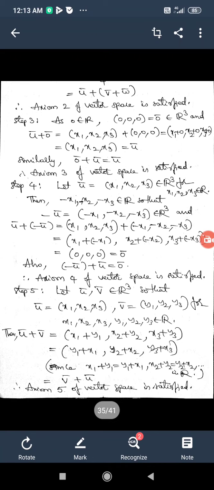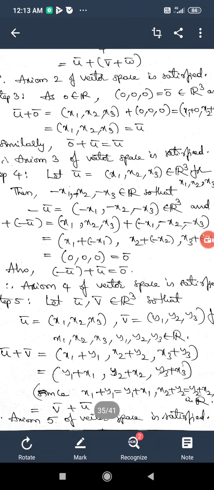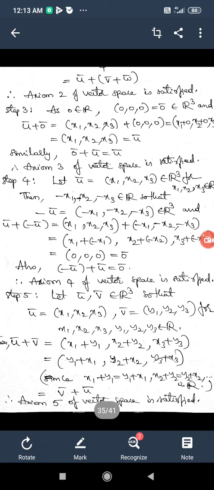Now let us move on to step 3, wherein we have to verify the axiom of identity with respect to addition. And for that we need an element which acts as an additive identity in R3.